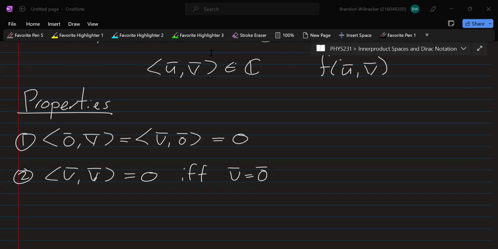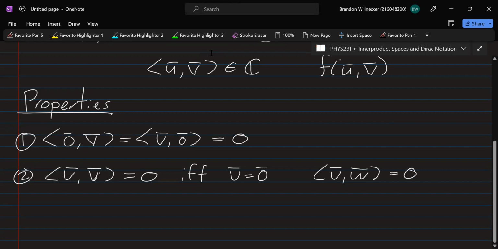So if the inner product of a vector with itself is zero, then it must be the zero vector. But it is possible to have the inner product of V and W being zero if they're different.